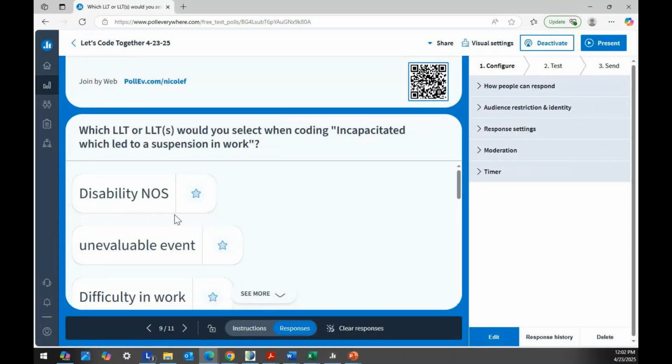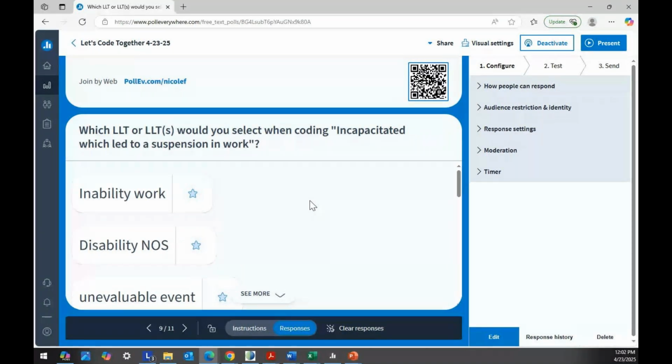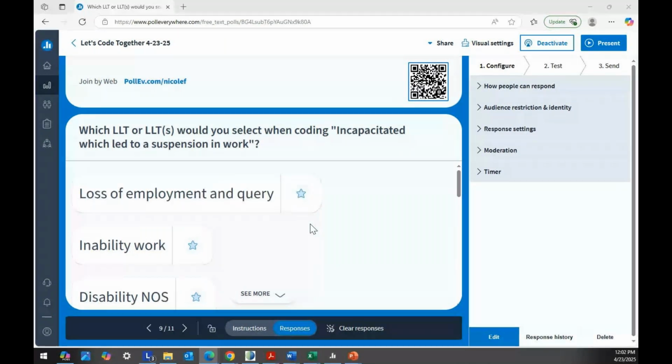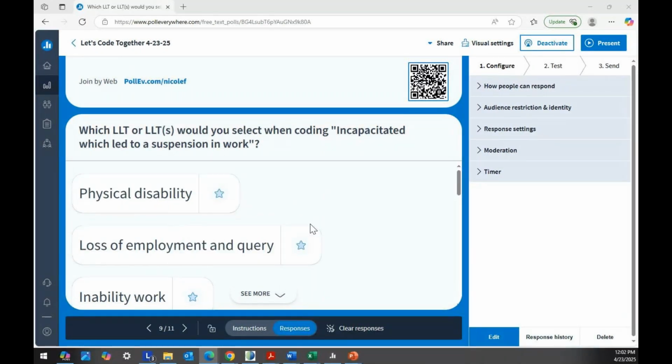Disability. Okay, very interesting. So we're getting lots and lots of different types of responses here. I love that. We have people from all over, all different fields of work, I'm sure, and all different ways of going about handling something. It's very interesting, which makes medical coding so interesting in itself. Physical disability, loss of employment.